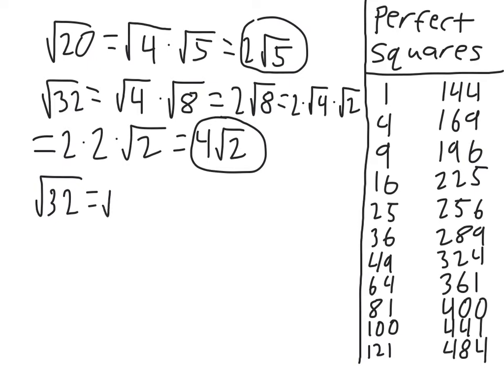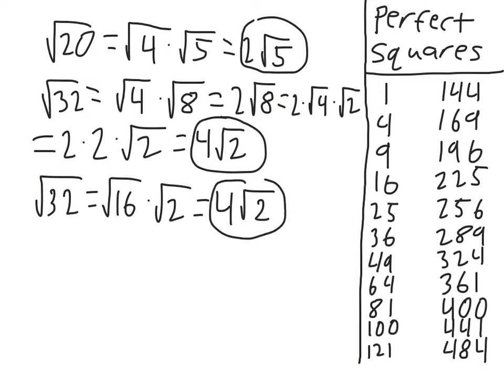So you get square root of 16 times 32 divided by 16 is 2. So the square root of 2. And the square root of 16 is 4. So 4 square roots of 2. So either way, you'll get the same answer. This way might be a little bit quicker, but it involves you trying out a whole bunch of different numbers.